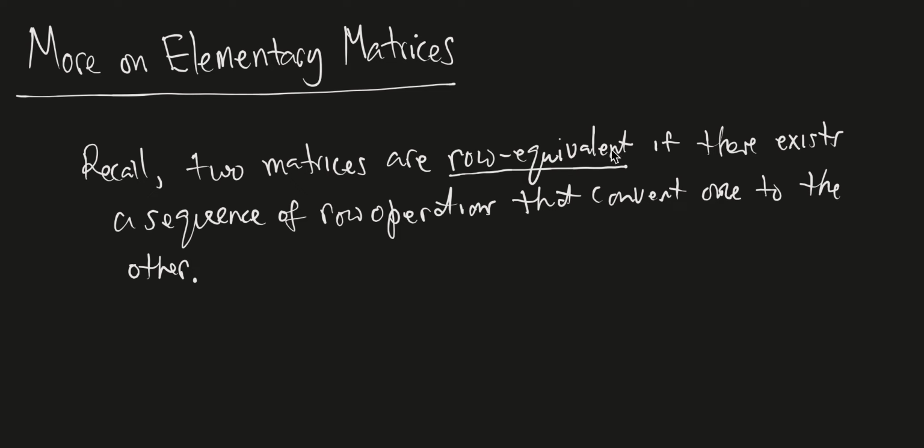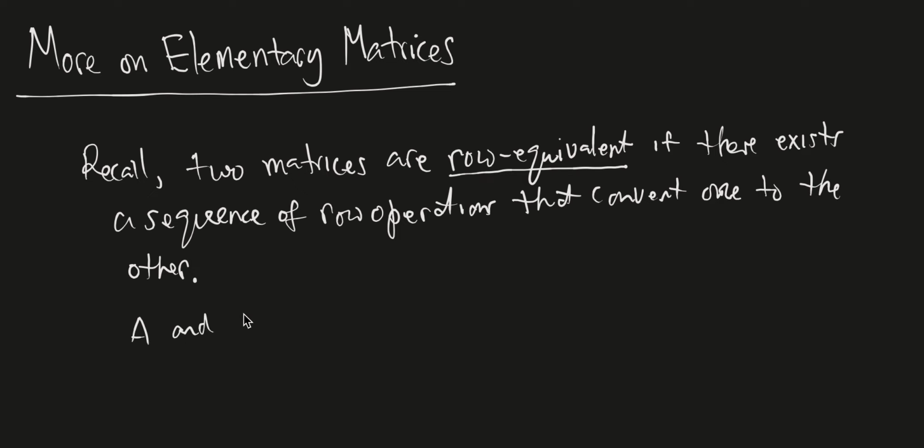So now we can rethink this concept. So instead of thinking of it purely in terms of just a sequence of operations, we can now think of it as a sequence of elementary matrices, right?